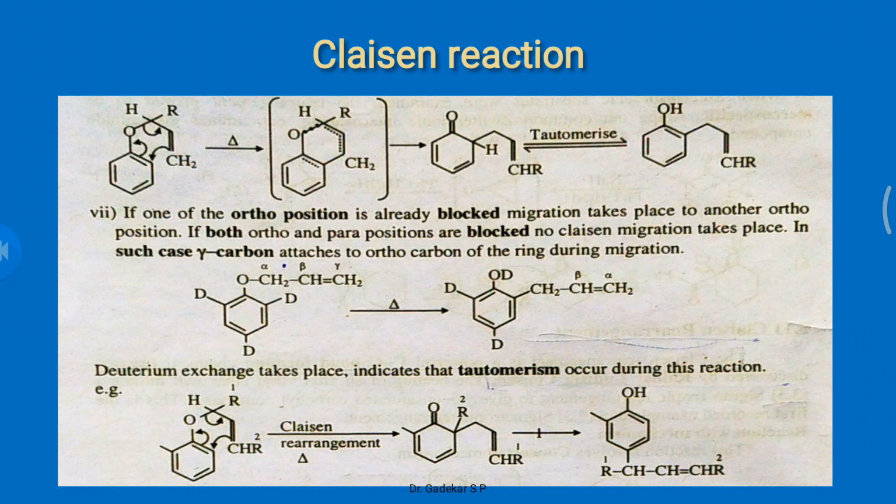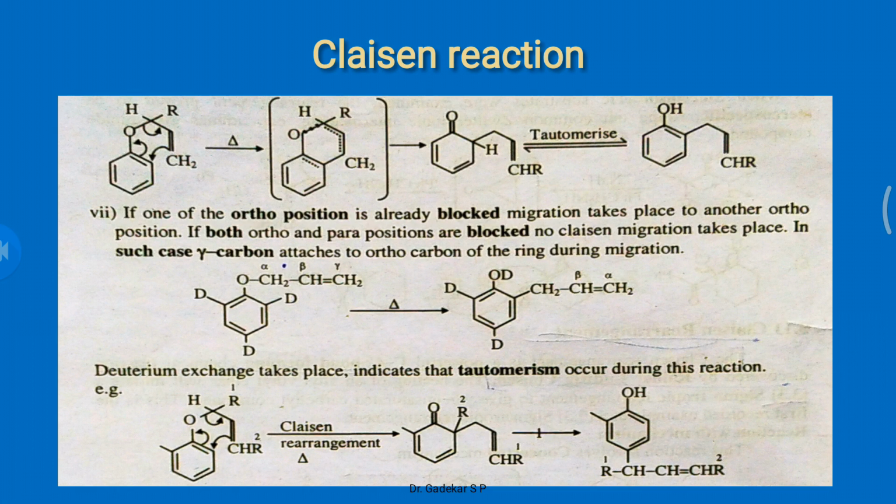In the third example, deuterium exchange takes place. Tautomerism occurs in the intermediate, because the oxygen becomes deuterated: the deuterium at the ortho position is transferred toward the oxygen.